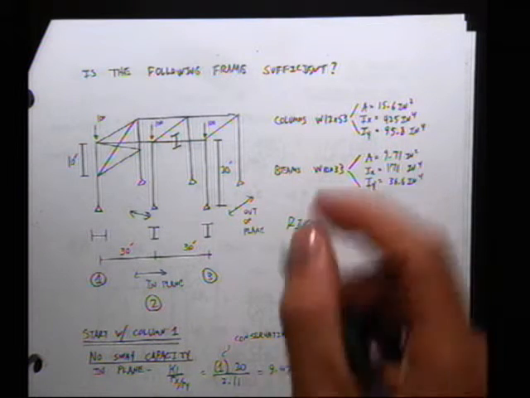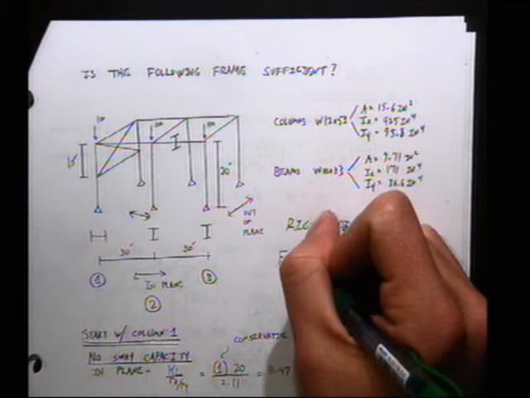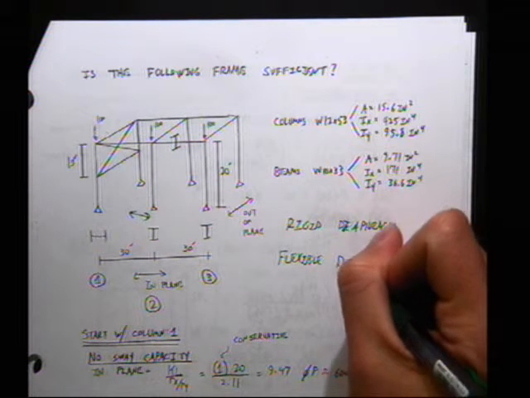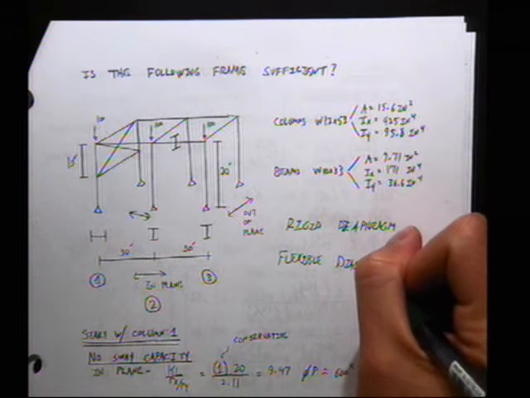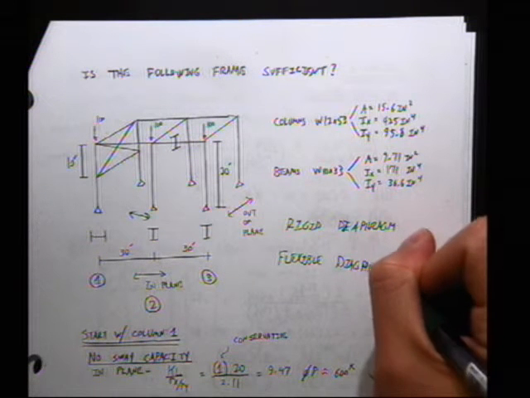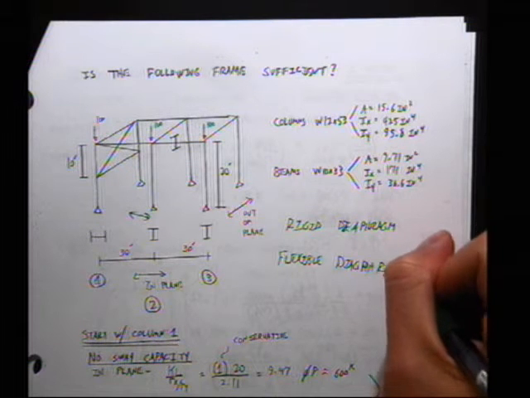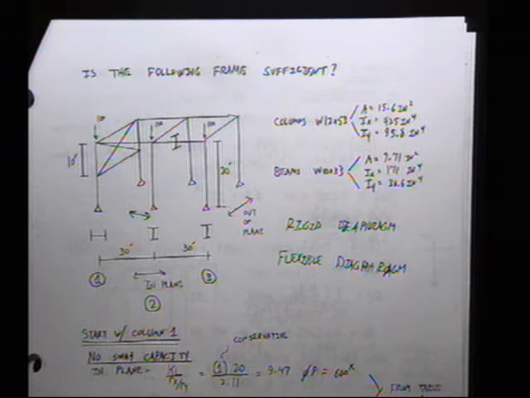Let's say I have a flexible diaphragm. What are some examples of flexible diaphragms? Wood. How about really thin sheet metal? When's that used? On a lot of roofs.